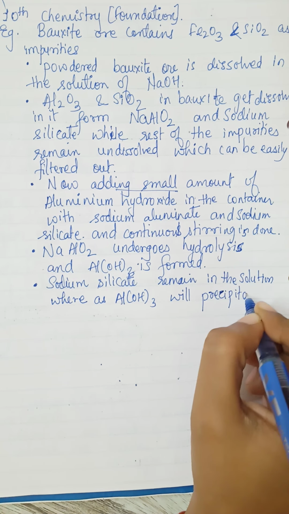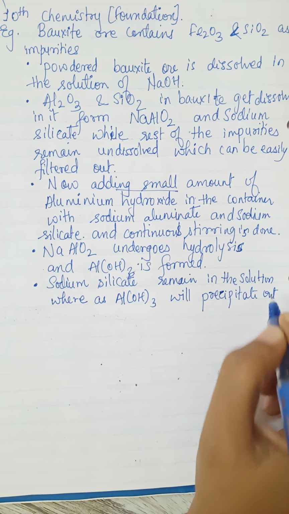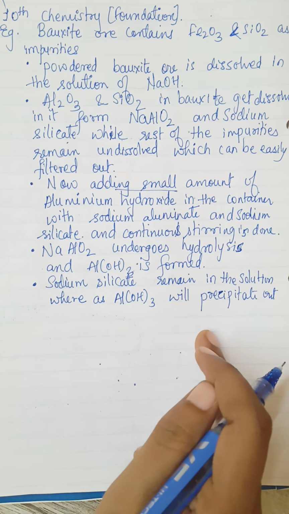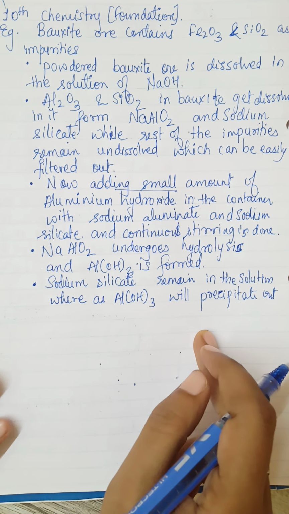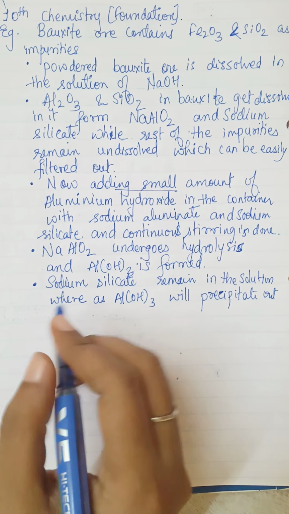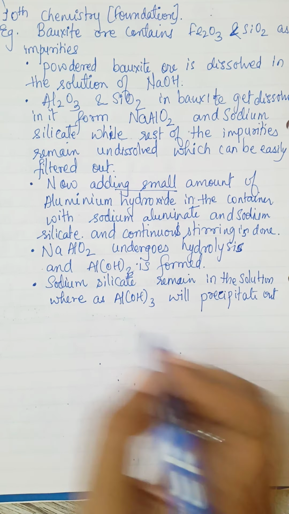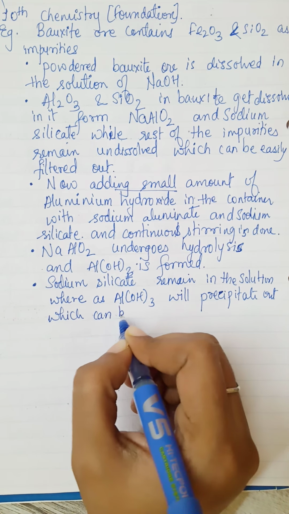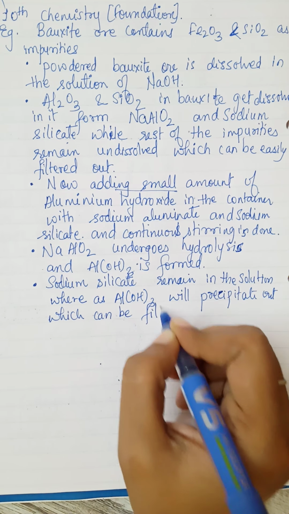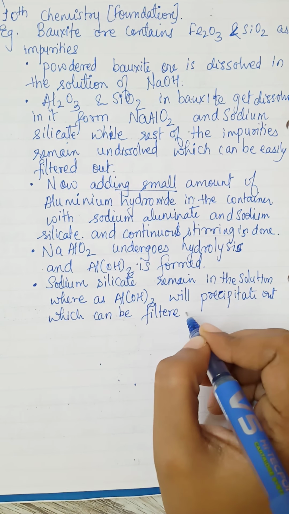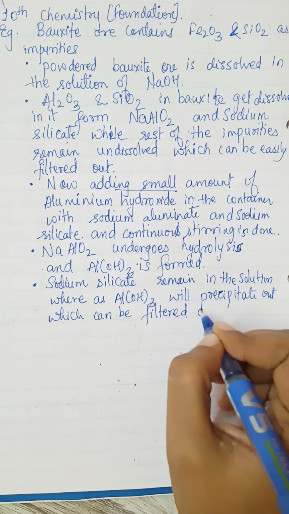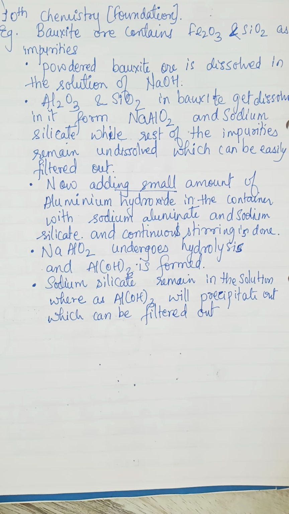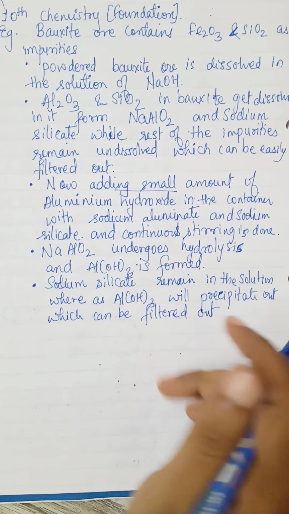Due to this precipitation, it is easy to separate, which can be filtered out, then washed, dried, and then ignited, and you get pure alumina.